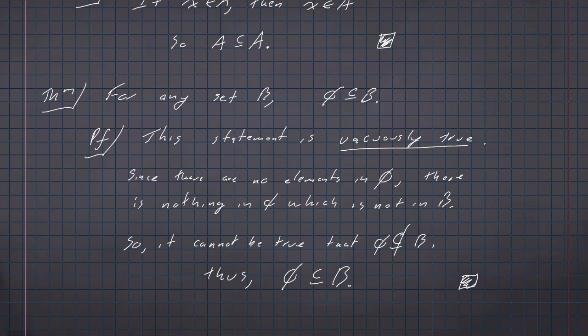Because there is no way of saying that the empty set is not a subset of B, the only thing that leaves is that the empty set is a subset of B, and so we'll just accept it. That's difficult to do, but the math checks out.